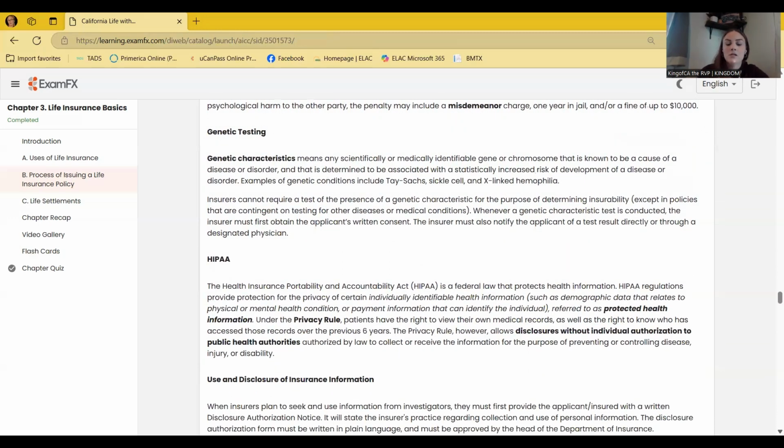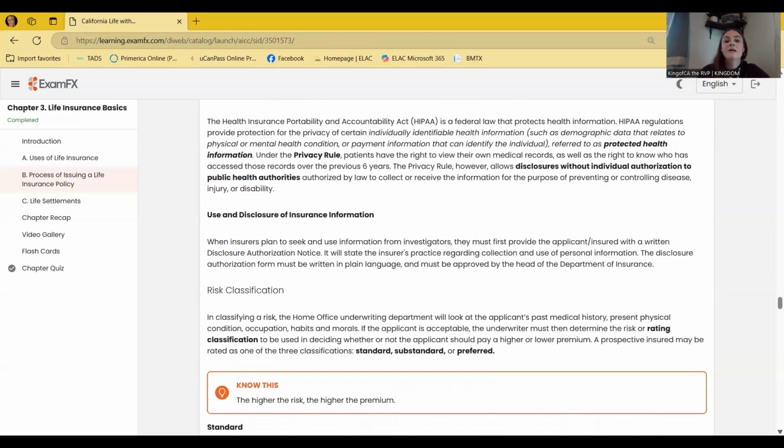All right. So HIPAA. What is HIPAA? The Health Insurance Portability and Accountability Act, or HIPAA, is a federal law that protects health information. This has specific regulations that provide protection for the privacy of certain individually identifiable health information, such as demographics, whether it's our physical health or mental health, any kind of diagnosis, medication that we take.